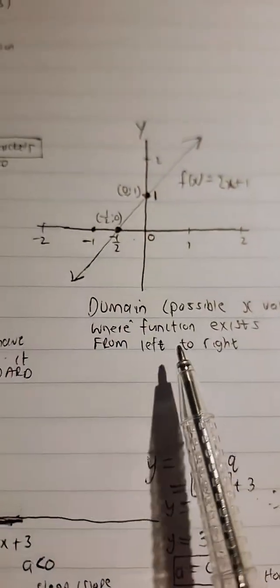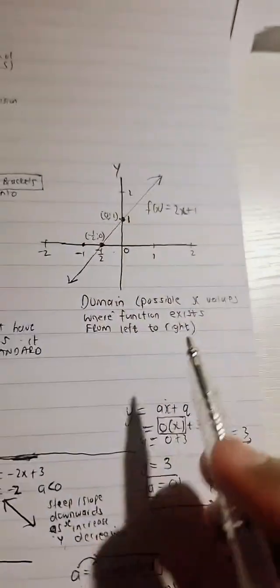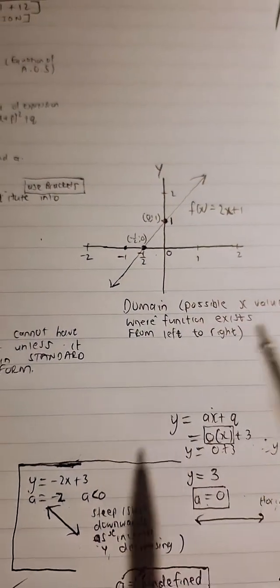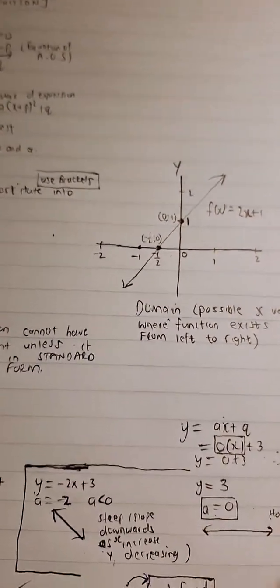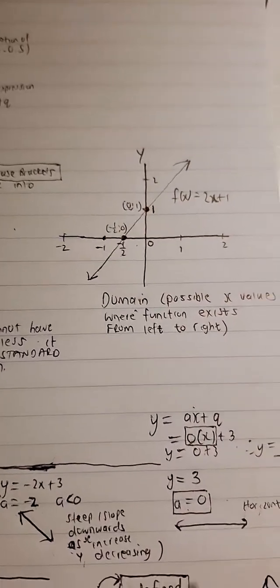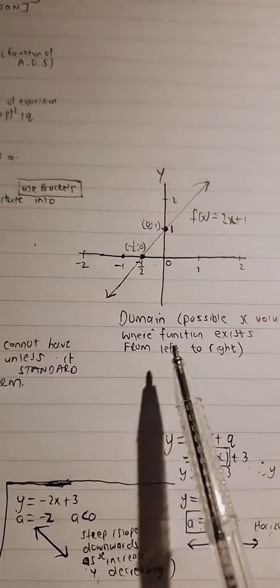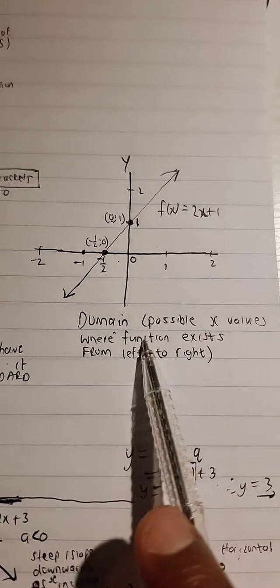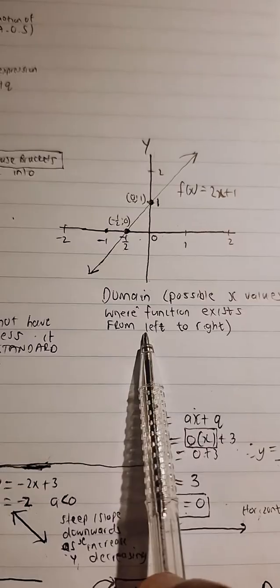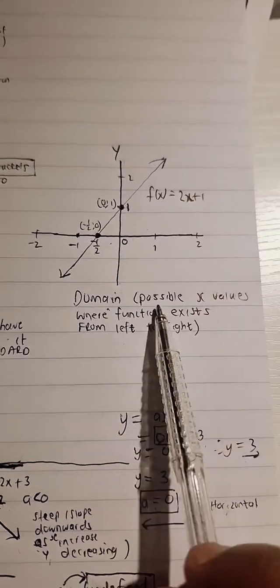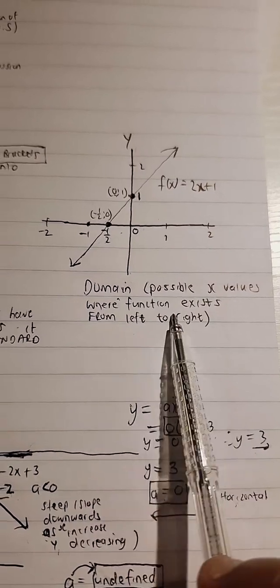We look at domain, guys, from left to right. Possible x values where the function exists from left to right. That's domain.